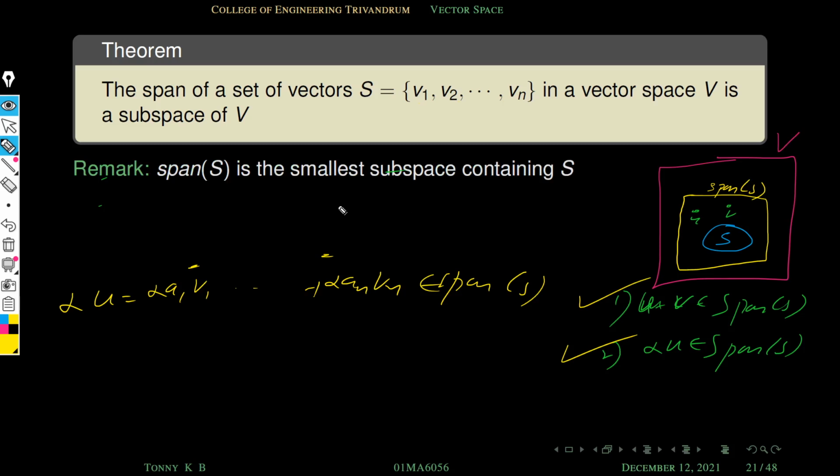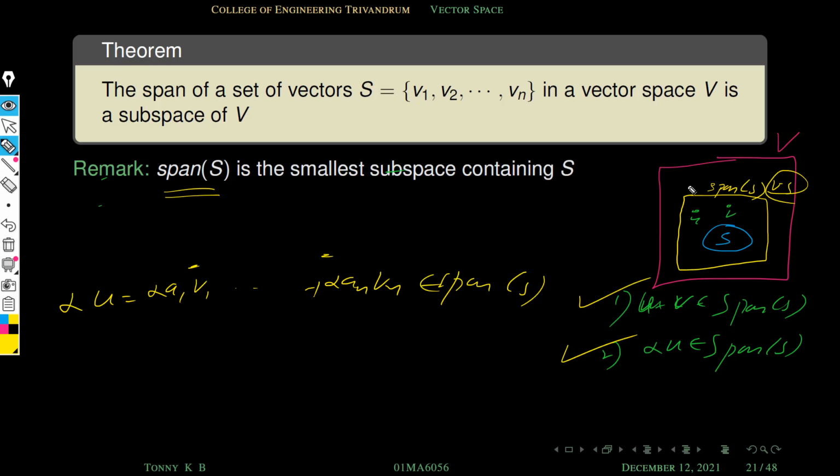Another important property of our spanning set is that the span of S is the smallest subspace containing S. From this graphical representation, it is clear that we have a vector space V and we consider a finite set S, which is a subset of V. And you think about the span of this set S. Now we know that this span is a vector space, or subspace, containing S. Not only is it a subspace, it has one more property: it is the smallest such one.